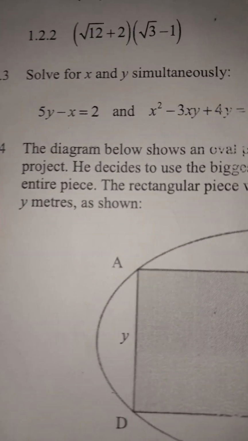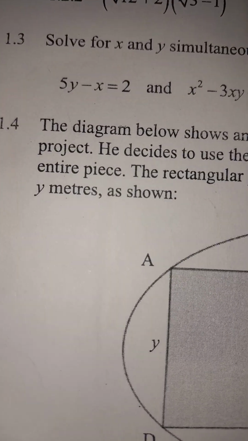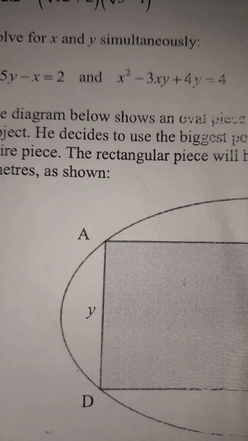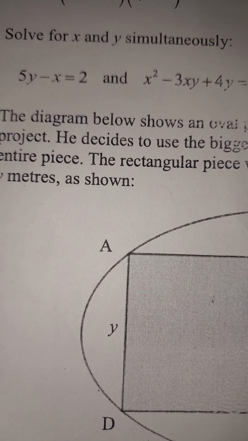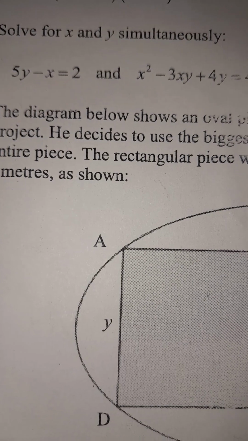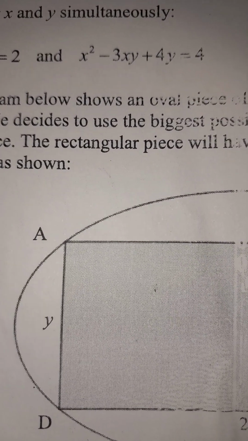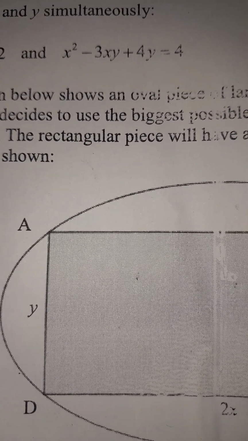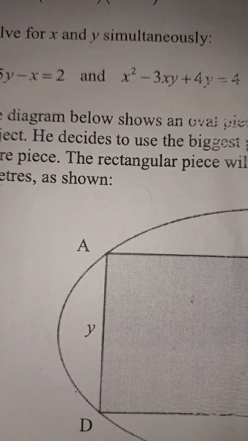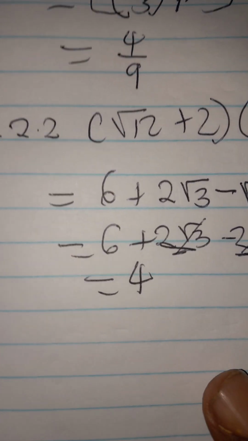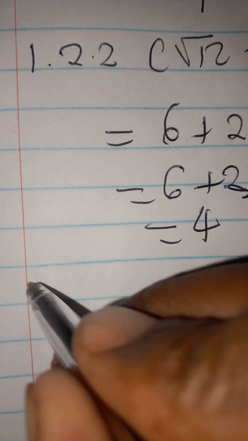Let's go to 1.3. Solve for x and y simultaneously. 5y minus x is equal to 2, x squared minus 3xy plus 4y is equal to 4. So we need to put this into practice. Okay, let's work with 1.3.